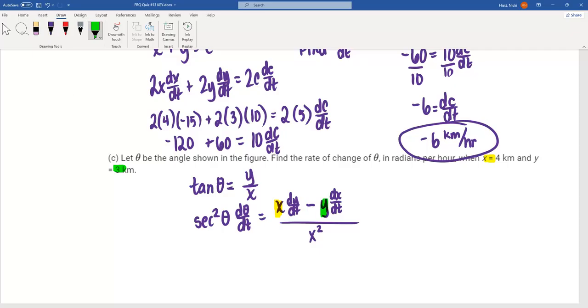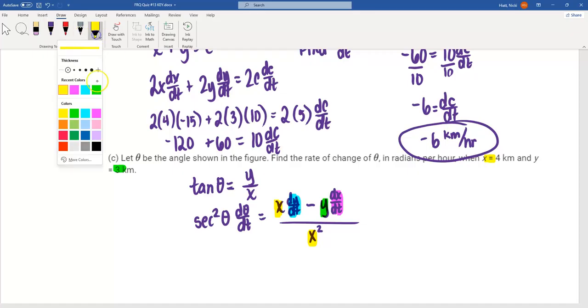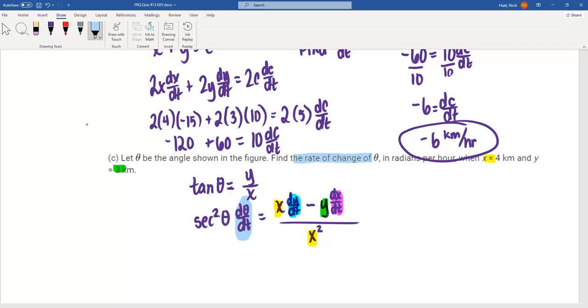They gave me dy/dt up there. I also know the speeds of both ships, so I know dx/dt. I forgot to highlight this x right here. I know all of this stuff. That's good, right? I am trying to find dθ/dt, because it says find the rate of change of theta.